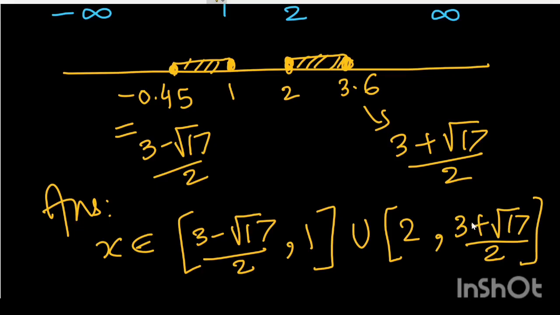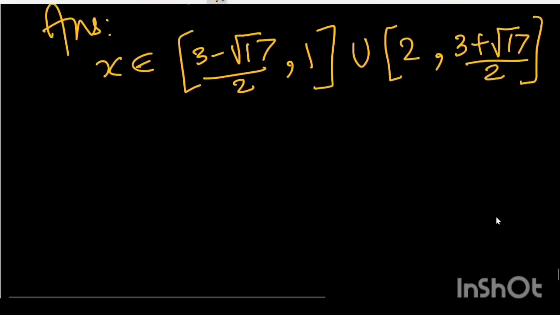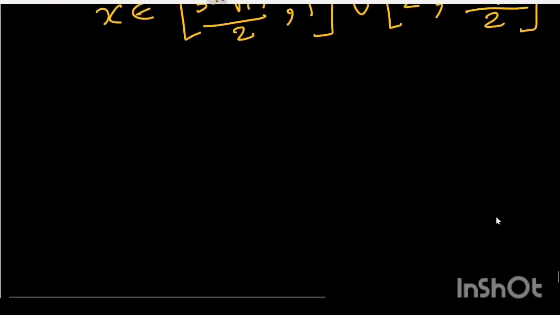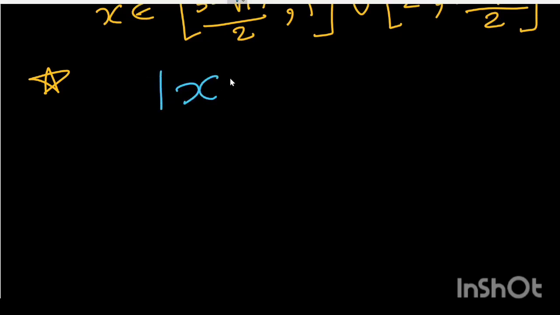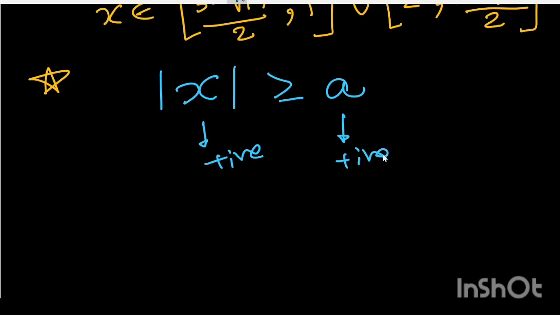Okay guys, now the next type of inequality should be what? Mod x. What else is left? So mod x greater than or equal to a is left now, or greater than a. Since here, if both are positive, positive is greater than positive may hold for some x.